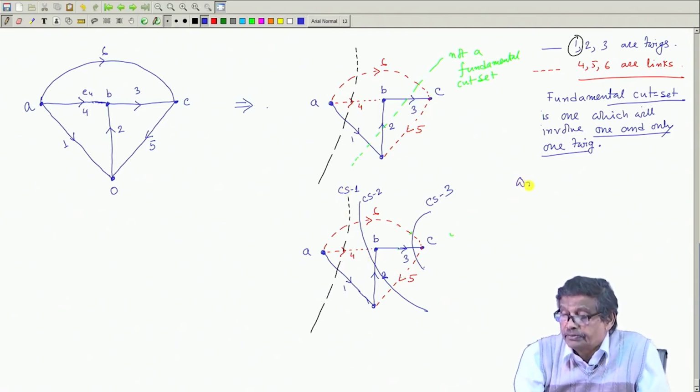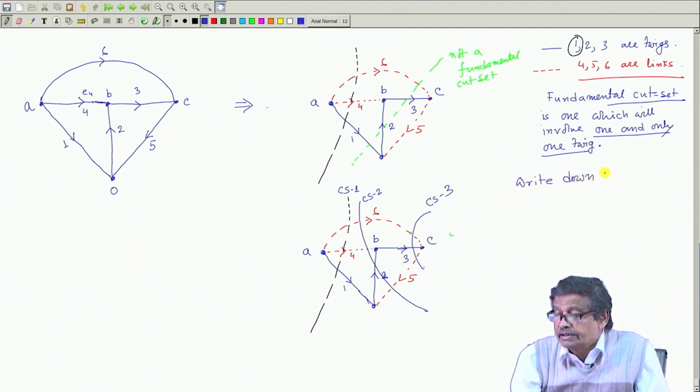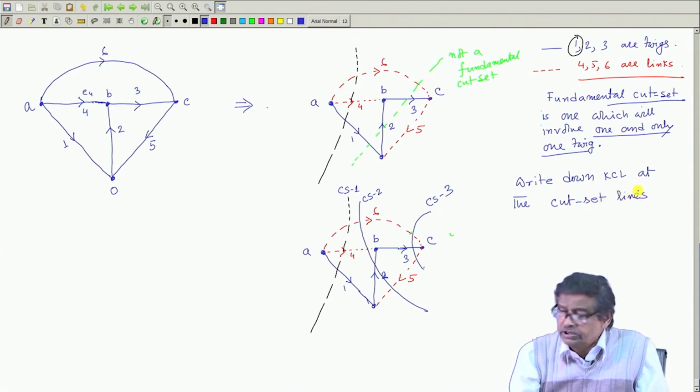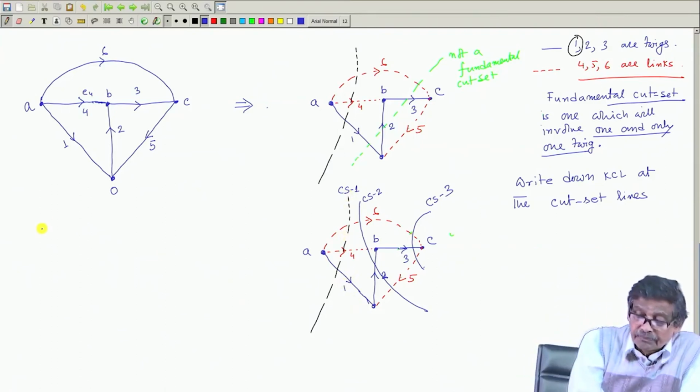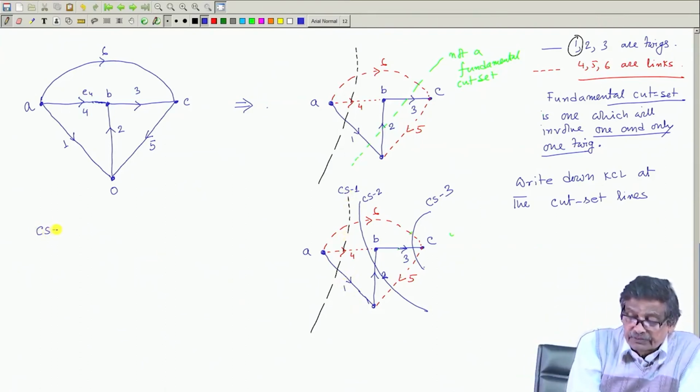So, write down KCLs at the cut set lines, which is very easy to draw. Come to this cut set 1, KCL at cut set 1.